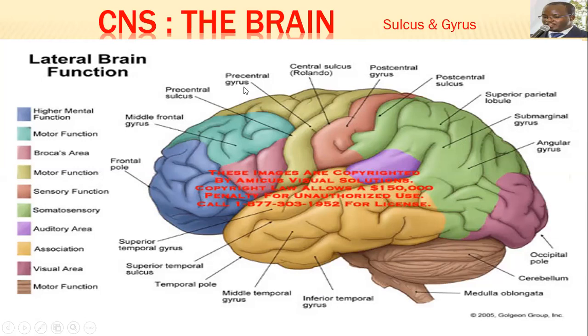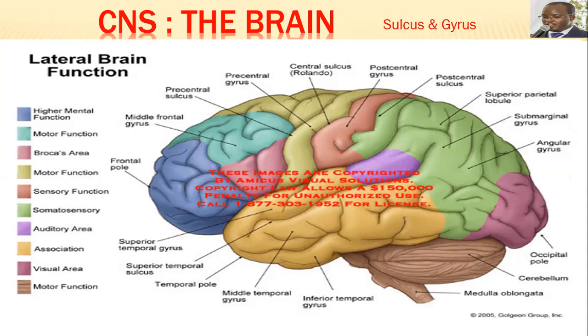The precentral gyrus is mainly involved in motor information, motor processing. It's called Brodmann's area number 4. Then the postcentral gyrus is where the somatosensory system comes in, mainly processing sensory information. So Brodmann's areas 3, 1, and 2.